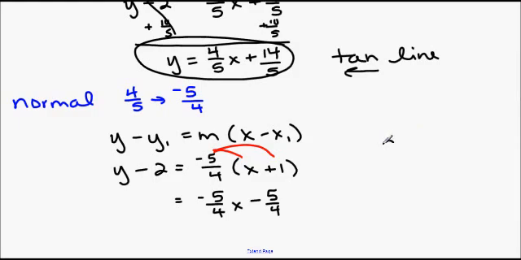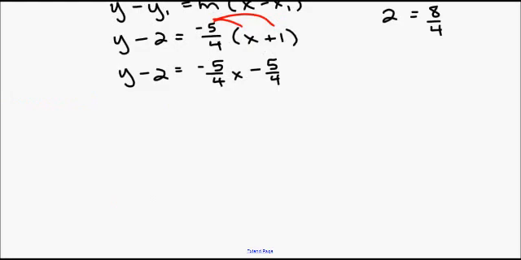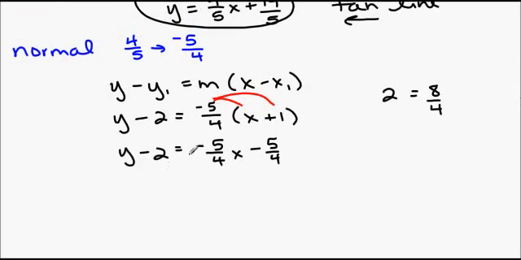And 2 is equal to 8/4. I want the same denominator so I can add it to this. So I'm going to add 8/4 to both sides.